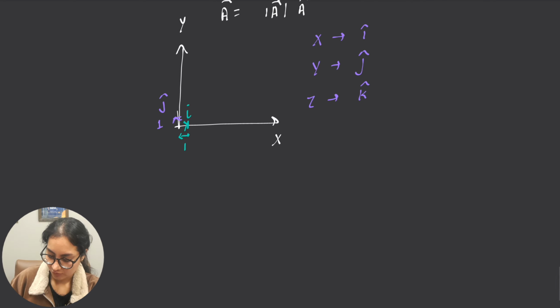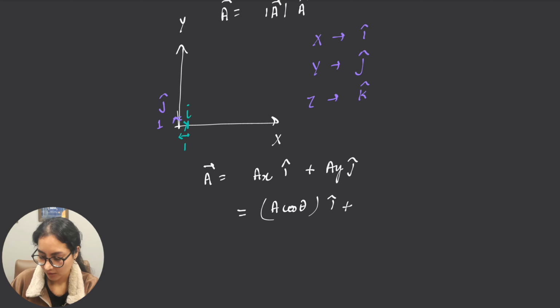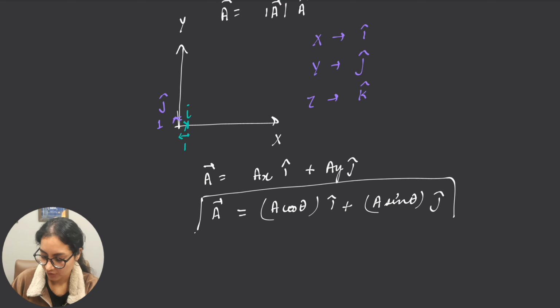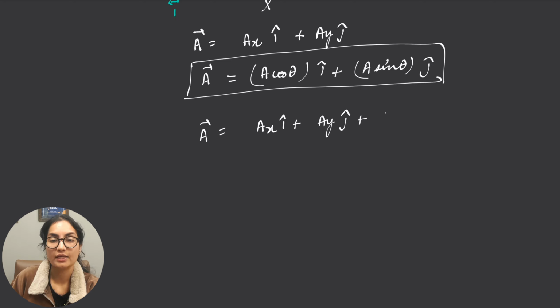So if I have to write a vector in terms of its components, that would be Ax i cap plus Ay j cap, and we have found Ax as A cosine theta and Ay as A sine theta. So A cosine theta i cap plus A sine theta j cap would be my vector in 2D. If I have to write that vector in 3D, I will write Ax i cap plus Ay j cap plus Az k cap.